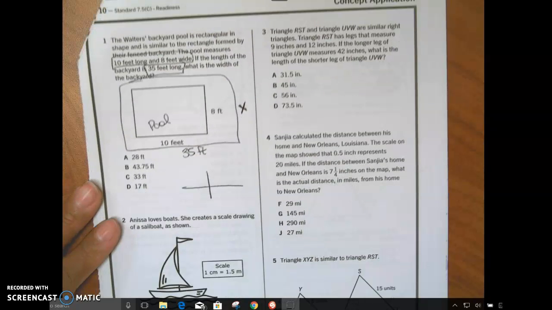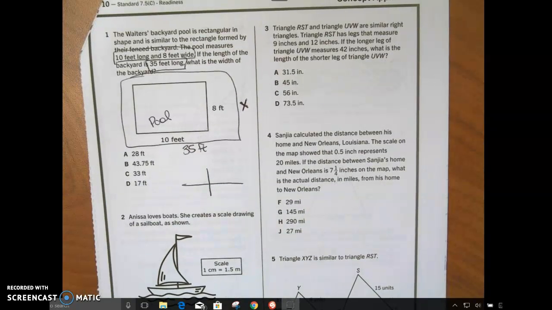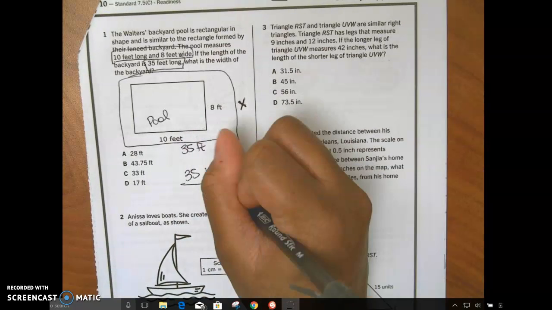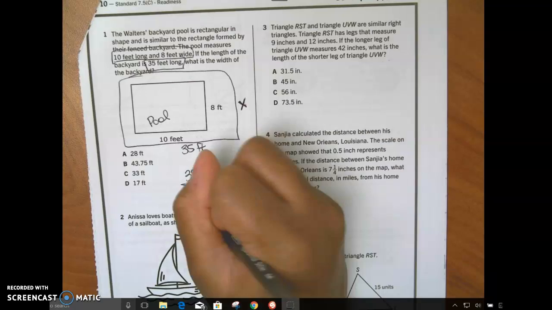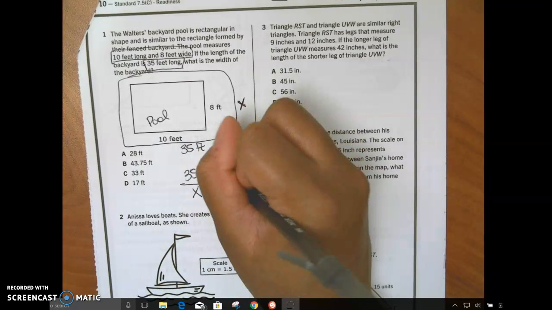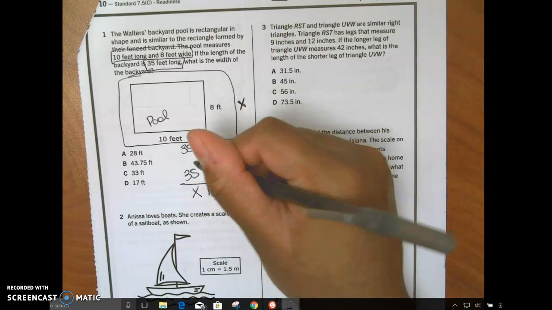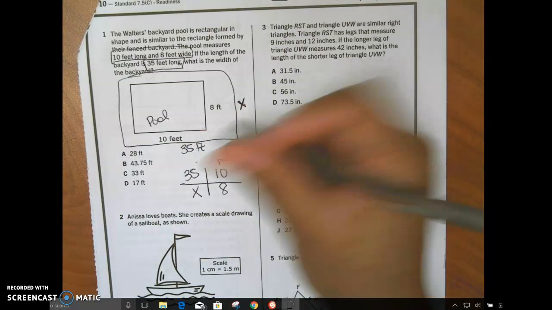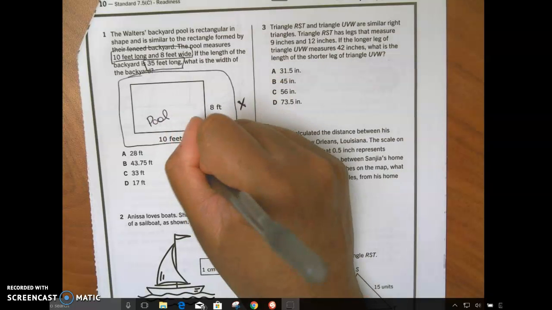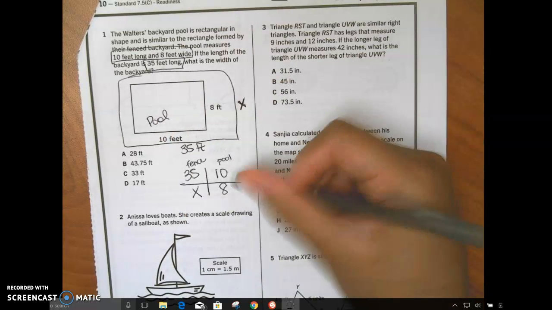Who goes in where? 10 over 8 and 35 over X. Okay? This is the pool. And this is the fence. They're all in feet, actually. What can I do with 10/8?